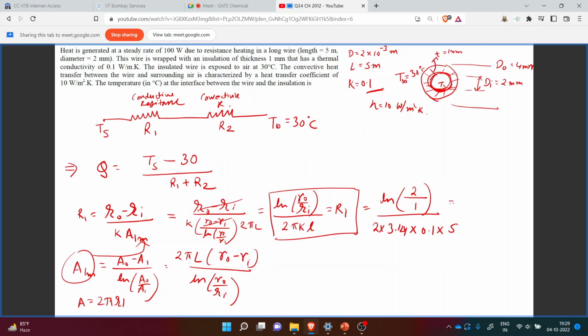So you can solve this and you will get the value of R1, the conductive resistance, as 0.2207.